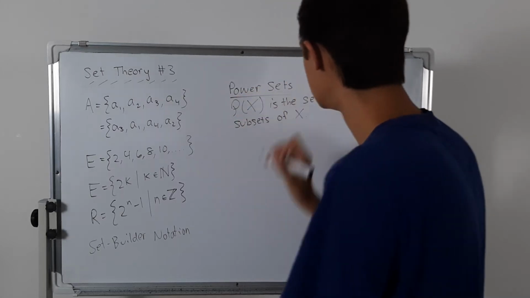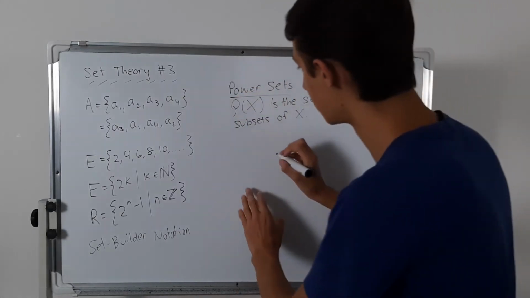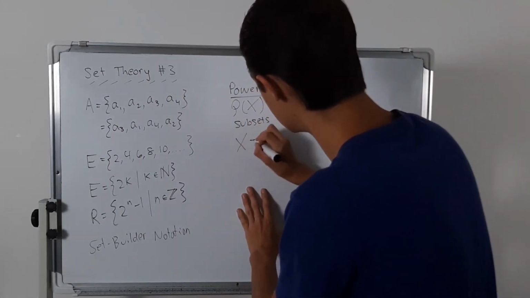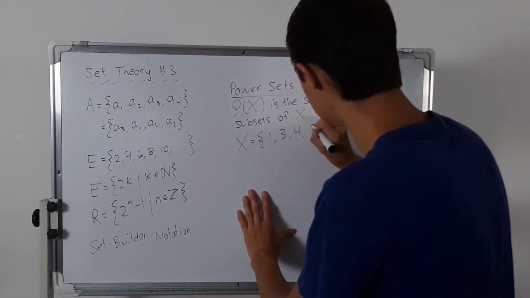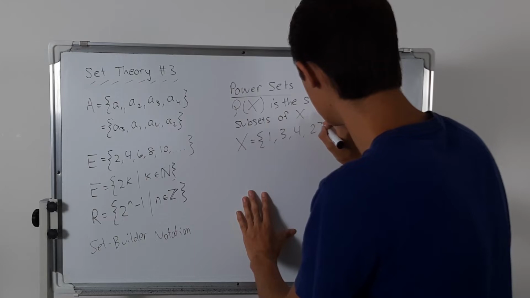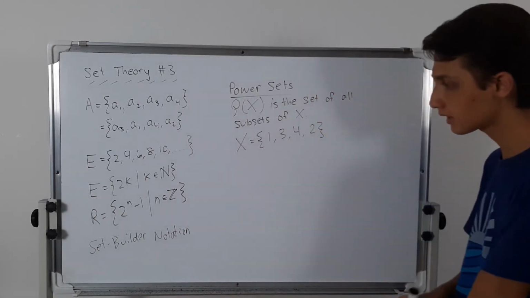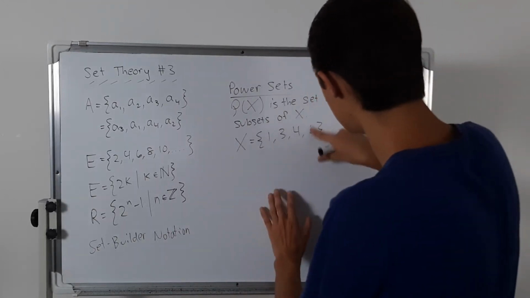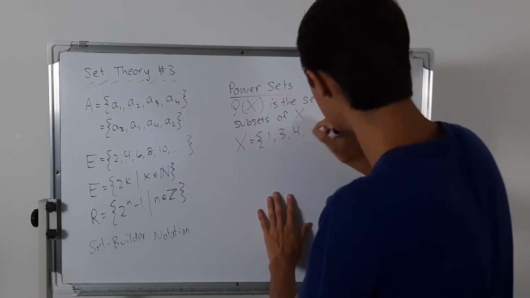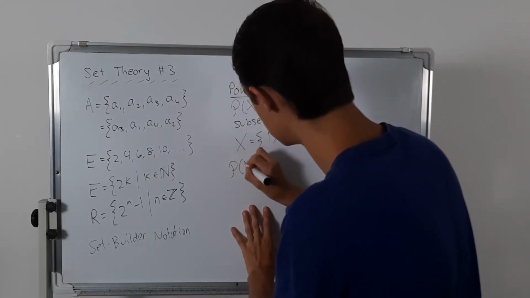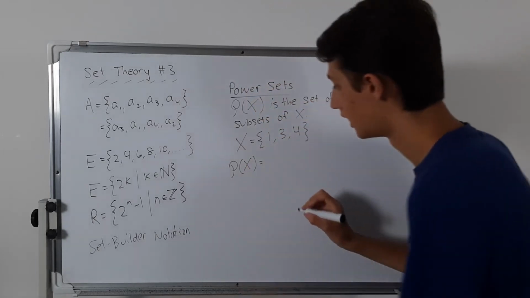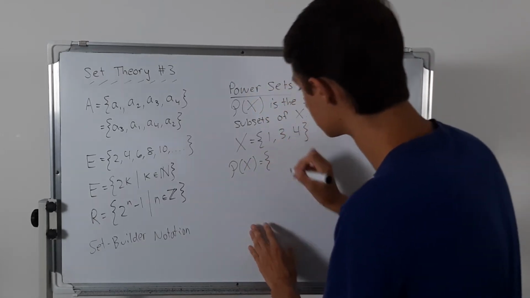So what that means is basically if we have X equal to, I don't know, 1, 3, 4, and 2 or something like that. Then basically, actually let me limit it to three elements for now. So then P of X is, we would say it's every single subset.